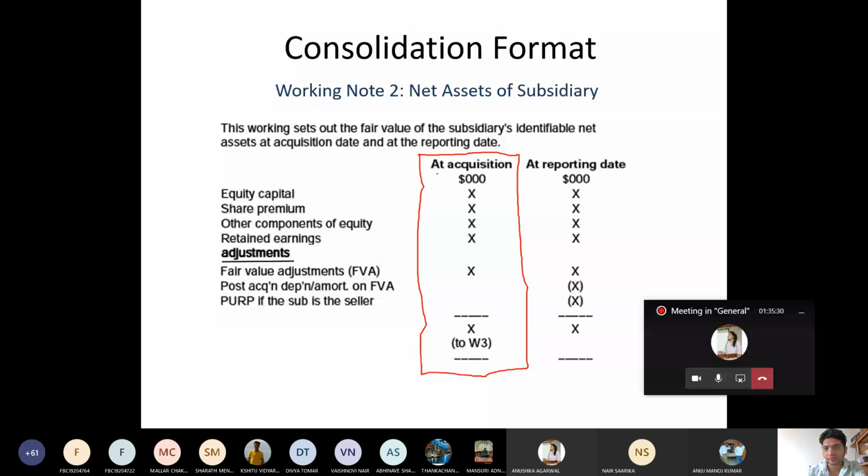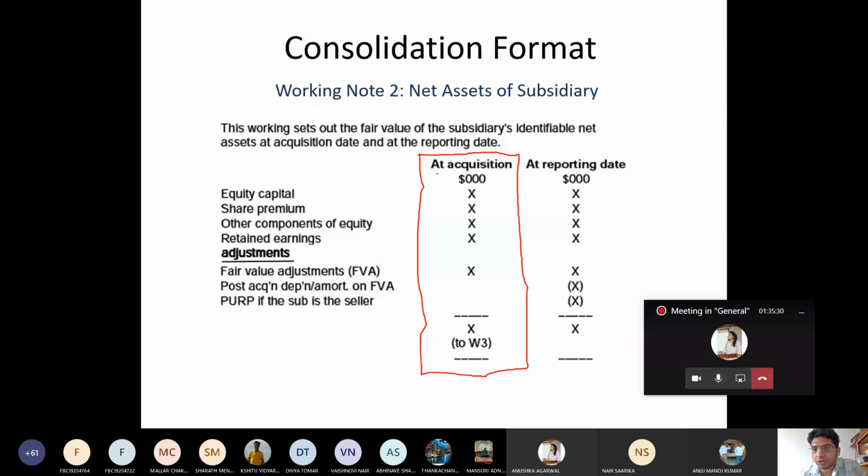So all these four things will give me equity plus reserves. In this equity plus reserves, I'll adjust my fair value adjustments, but fair value adjustment I want only for acquisition date.